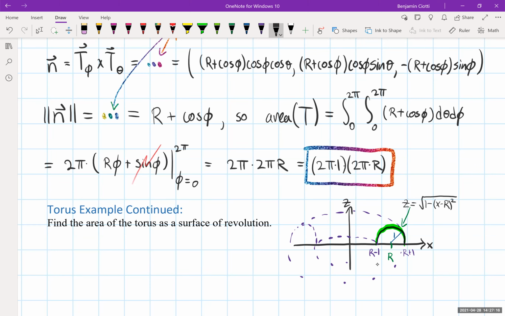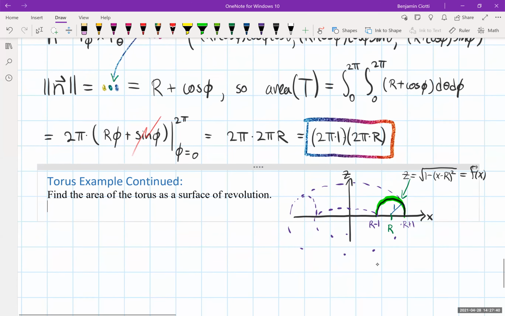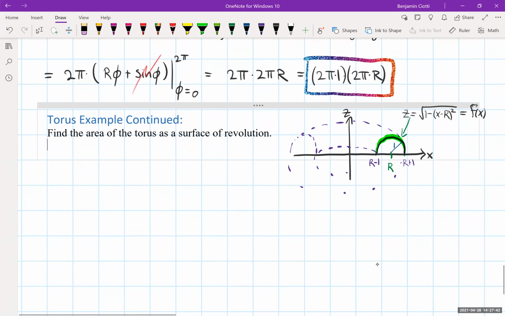So that's like my f of x in the surface of revolution formula. So any questions on how I got the function that I want to revolve? Well, let me know if you have a question. I'll just start doing the computation now.